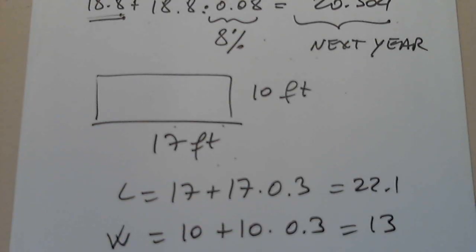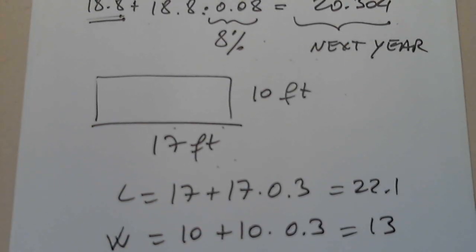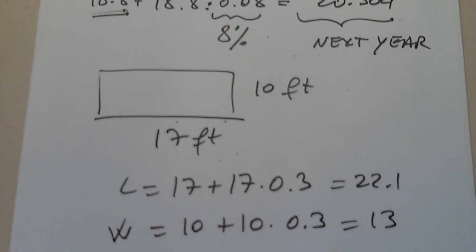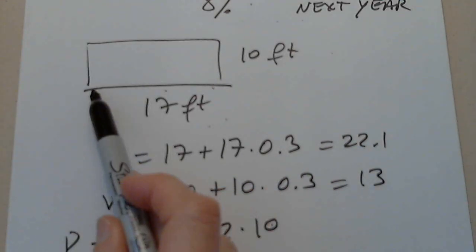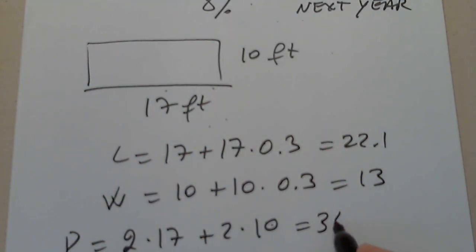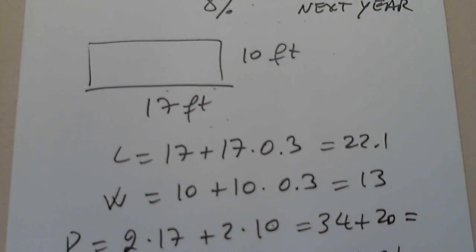So what do they want now? Find the original perimeter of the garden. The original perimeter is 2 times 17 plus 2 times 10, that is, 2 times the length plus 2 times the width. So this is 34 plus 20, which is 54 feet.